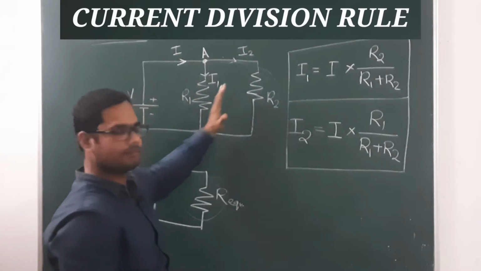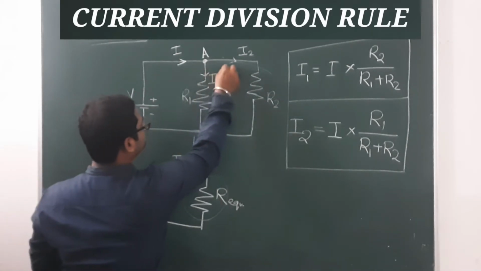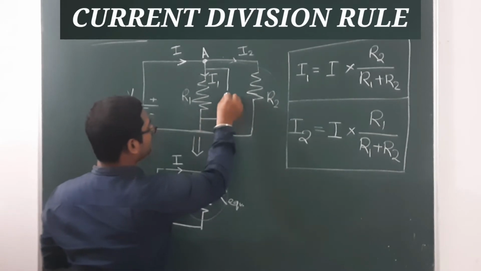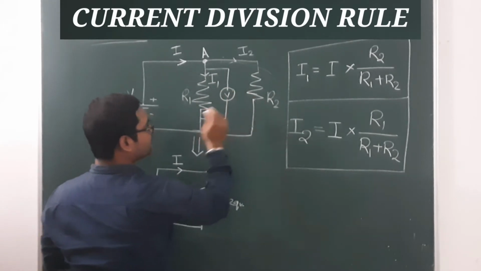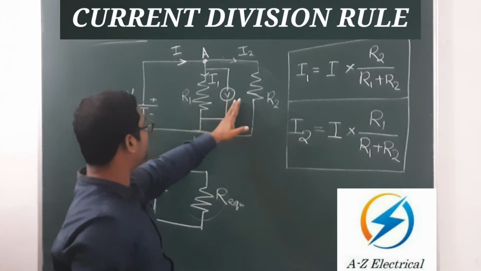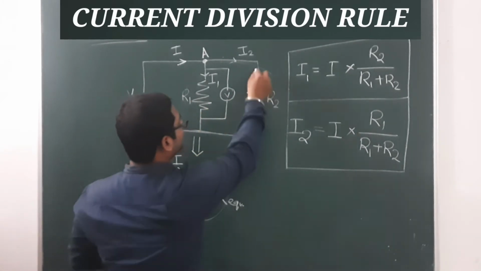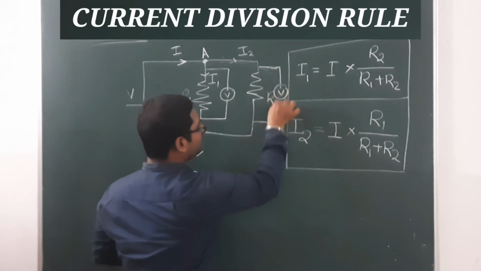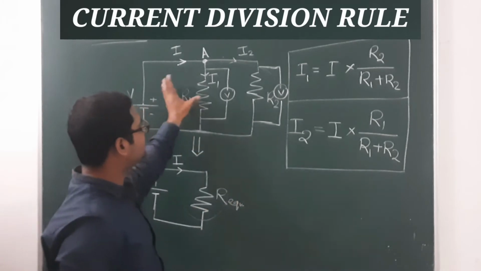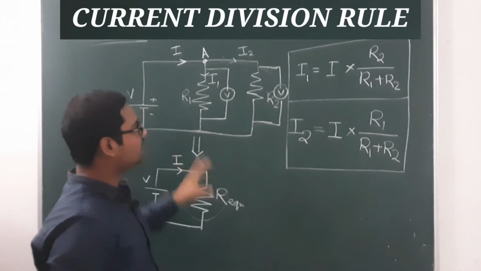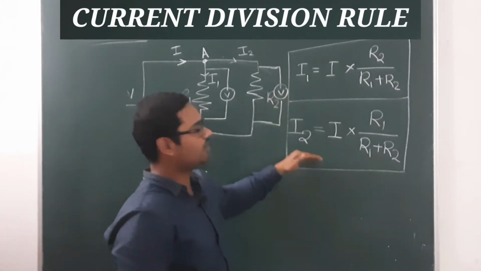The same voltage appears across both. If you measure the voltage with a voltmeter here, and connect another voltmeter there, you get the same value. But as it is a parallel path, the currents are different.